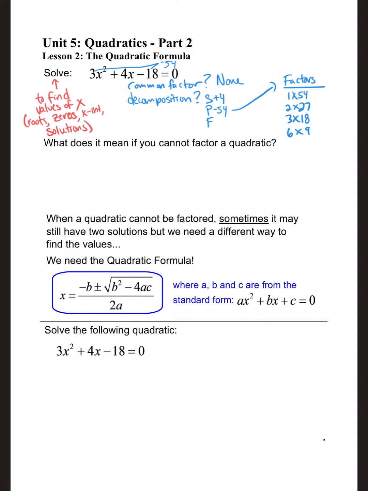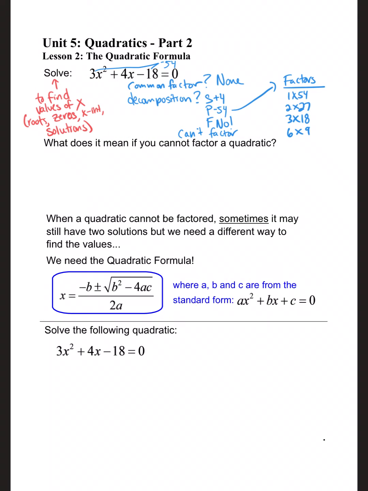So can any combination of those add to 4, a positive 4 actually? 6 and 9 is pretty close. It can add to 3, but I don't actually see a factor pair that would work. So there's no factors. That means we cannot factor this the way that we're used to factoring it.